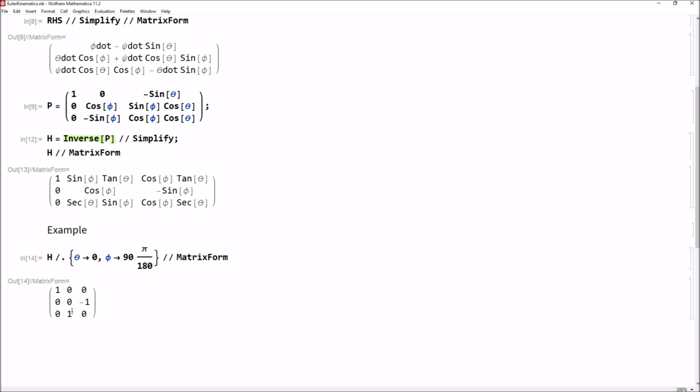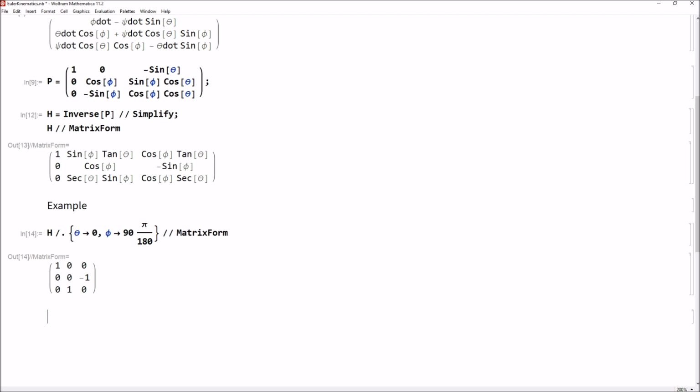And in fact, there are situations where that happens. We can just say that P is singular when theta is basically some multiple of pi over 2. So if the aircraft is pointed straight up or straight down, we've got some kind of an issue.